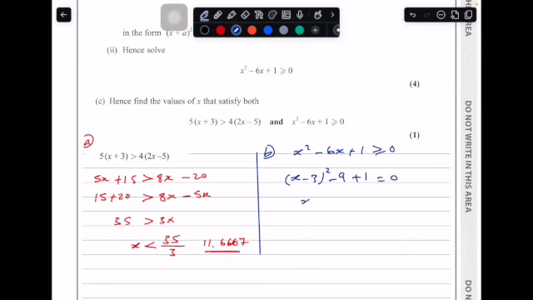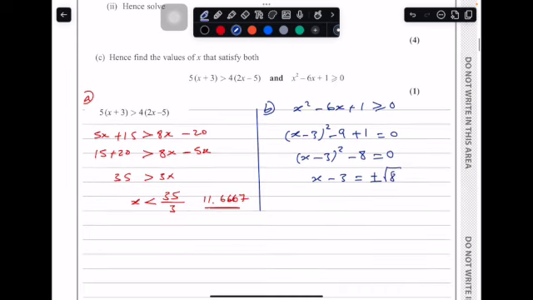Then we're going to have x minus 3 all squared minus 8 equals 0. It will be x minus 3 equals positive or negative root 8. So finally, we're going to have x equals 3 positive or negative 2 root 2.